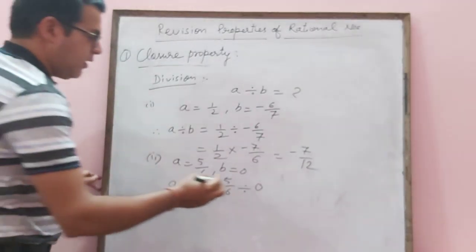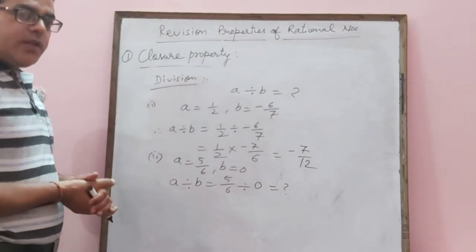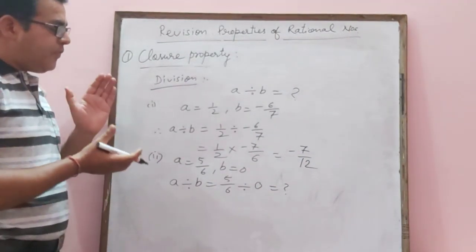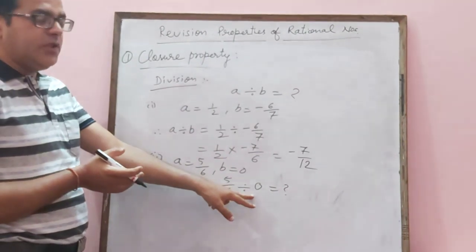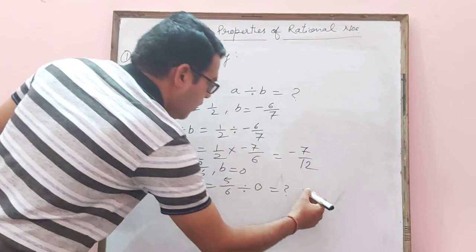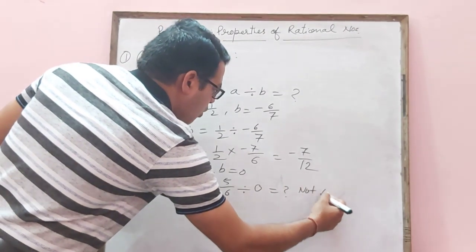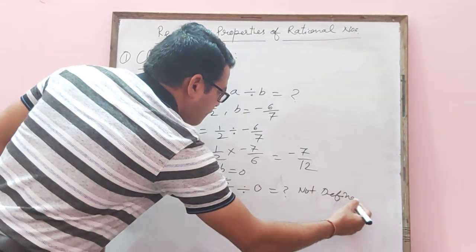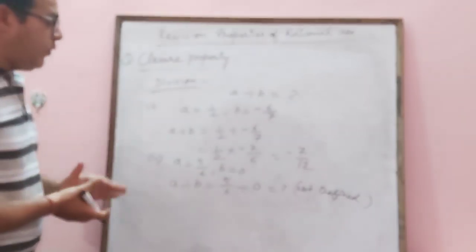What will come here? We know that if we divide any number by 0, we don't know what will come. It is called not defined. Nobody knows what will come when we divide any number by 0.